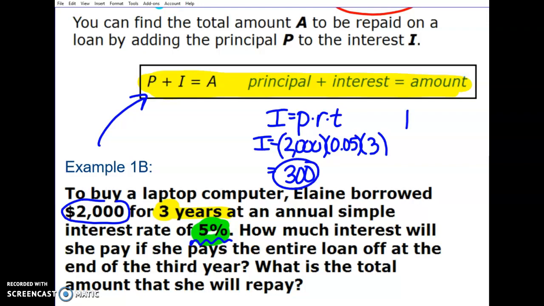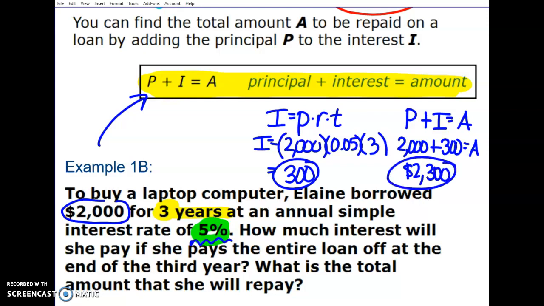To figure out the total amount, I'm going to take the principal plus the interest equals the amount. So the principal is $2,000, the interest is $300, and putting those together would give us $2,300 would be the total amount. So the interest is $300, the total amount is $2,300.